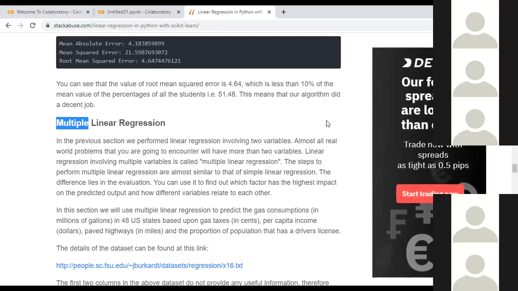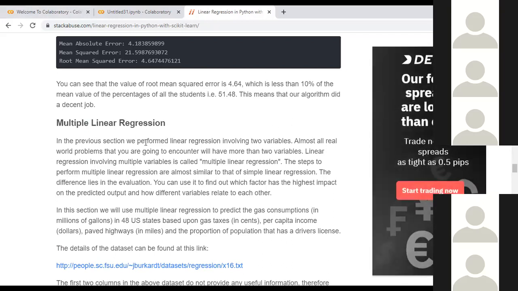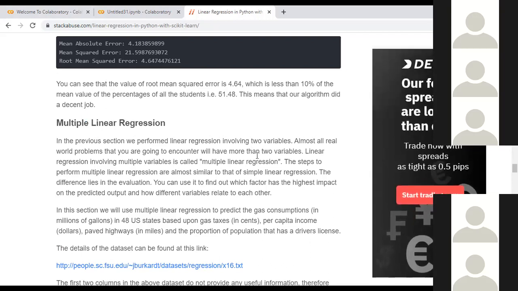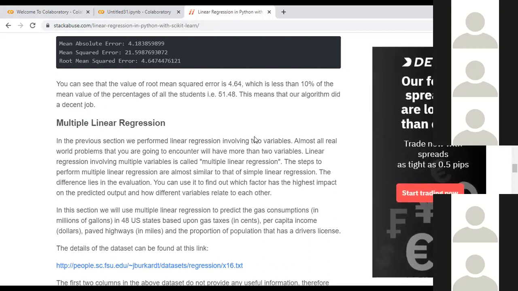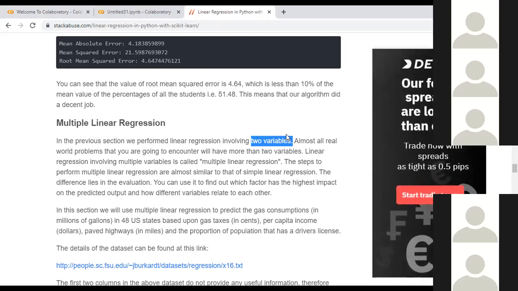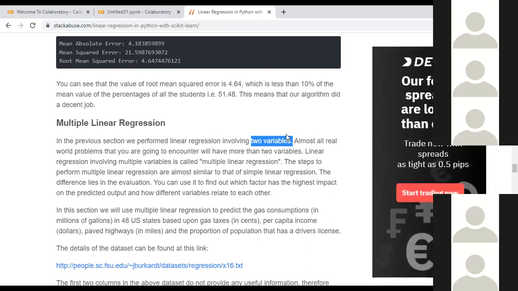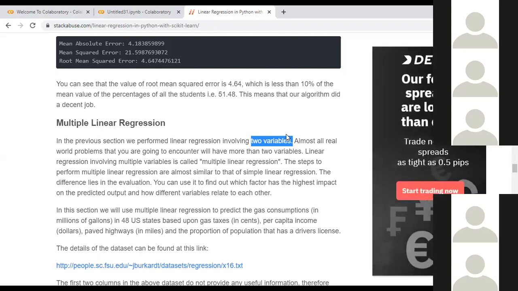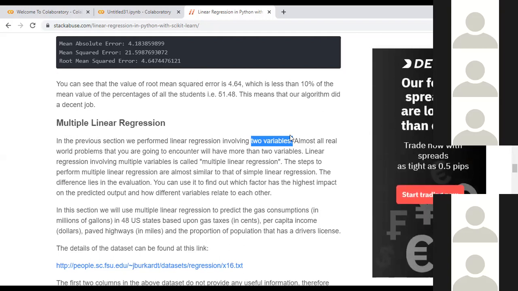That is why it is written in the previous section that we performed linear regression involving two variables, meaning only one target value and one predictor value. But in multiple linear regression, there are more than one predictor values. So that is why it is called multiple linear regression.